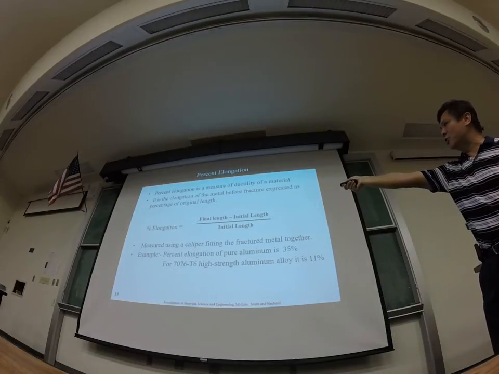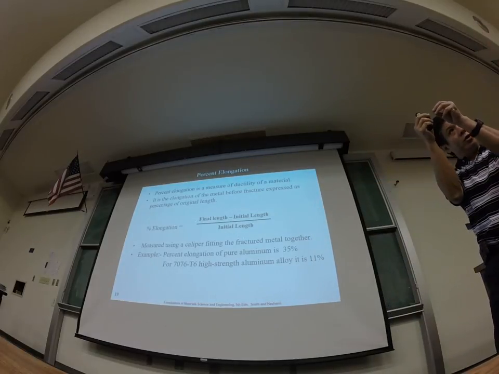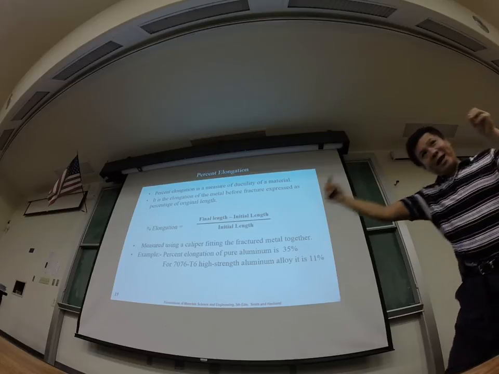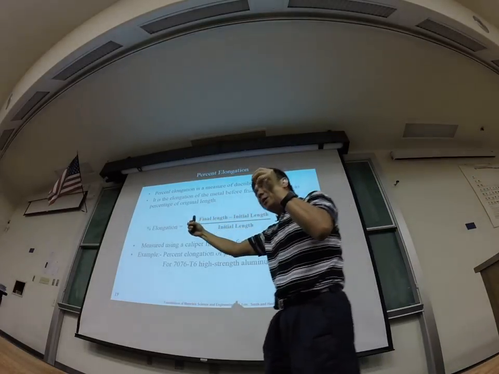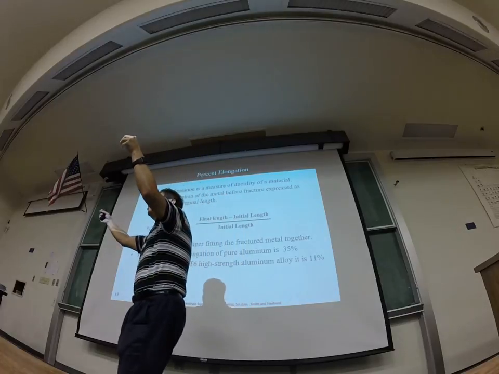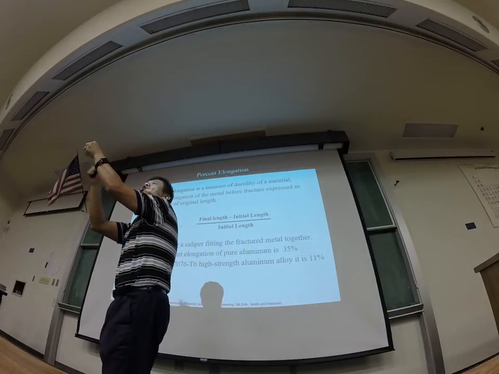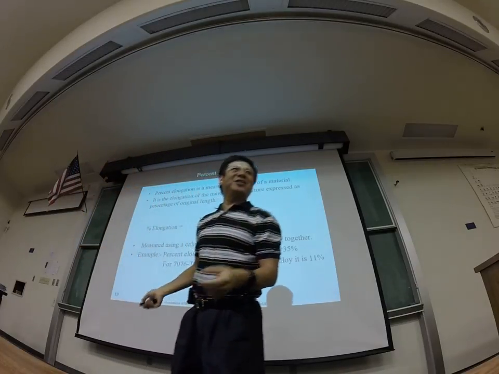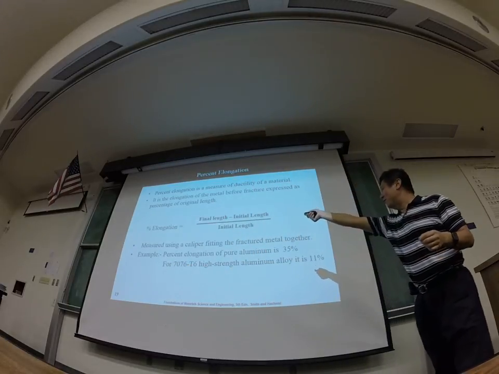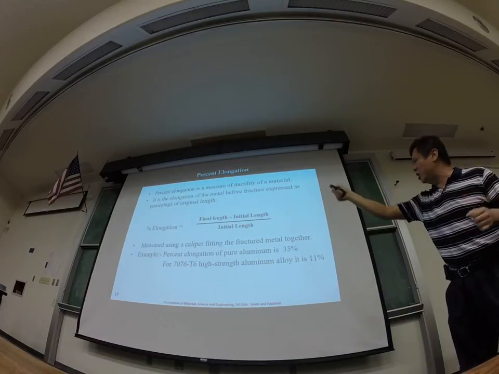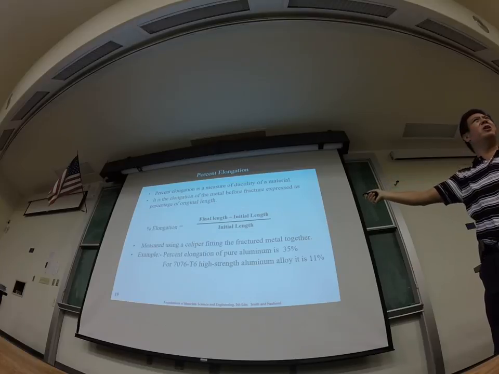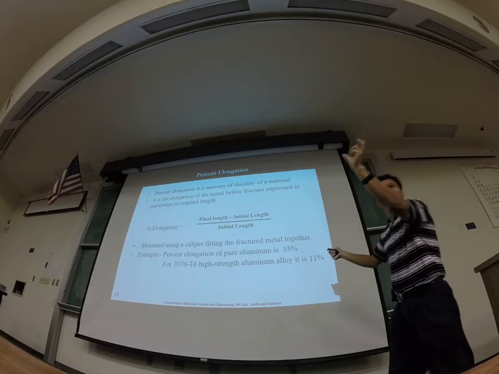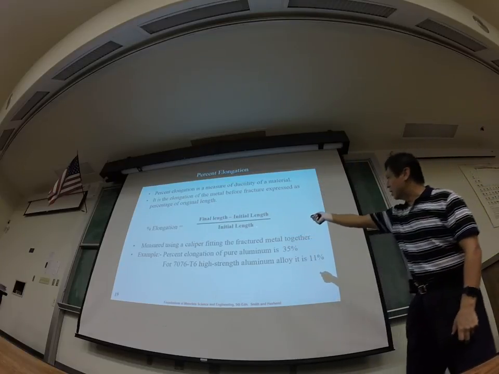When your specimen undergoes the testing until the breaking point, you bring the two parts back together and measure the final length. That's an easy one. So that's the final length minus the initial length. The initial length, as I mentioned, the gauge length, is usually 2 inch, over the initial length.